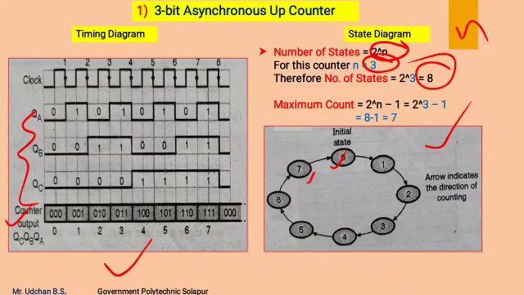Therefore a 3-bit counter consists of 8 distinct states, and the maximum count of a particular counter can be calculated using the formula 2 raised to n minus 1. Here, as it is a 3-bit counter, the value of n is 3, so 2 raised to 3 minus 1 gives 8 minus 1, that is 7, the maximum count of this 3-bit asynchronous up counter.